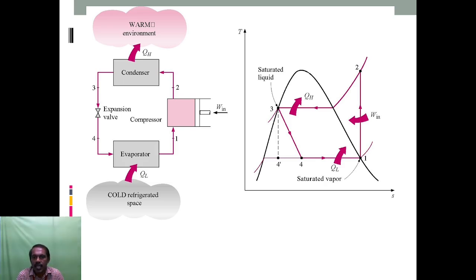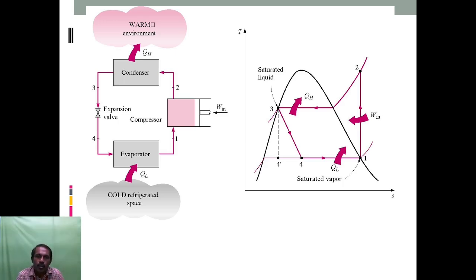The cycle 1 to 2 is compression. Already I told, compression produces high temperature and high pressure vapor. So the temperature and pressure increase and the curve moves up. So 1 to 2 is a temperature increase.